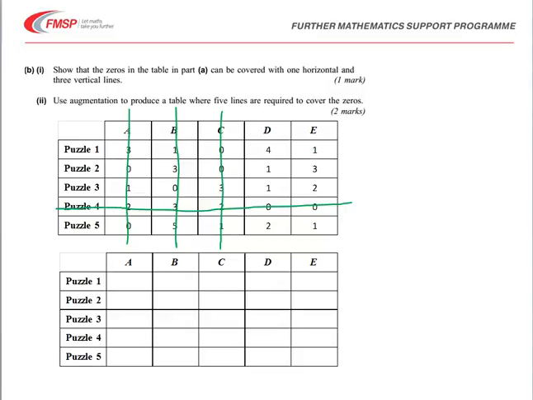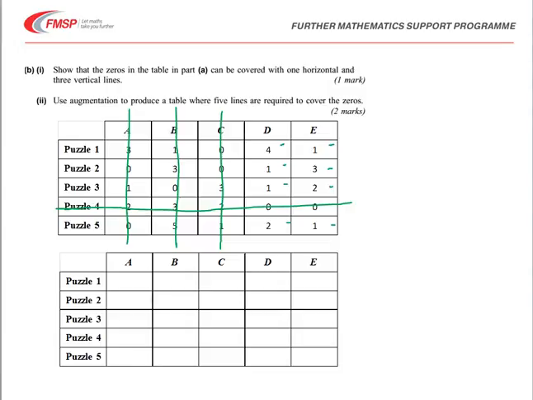We now have a situation where we can use augmentation. The idea of this is that we're going to produce another zero in our table, and we do it by subtracting from each of the uncovered squares, so these ones here, the largest amount we can so that the numbers stay 0 or positive.